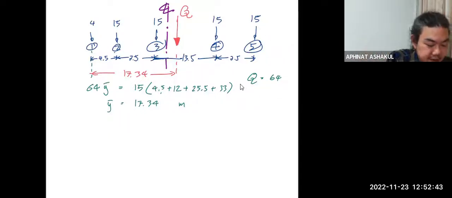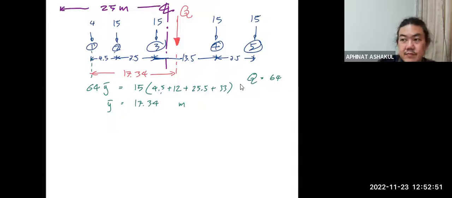Now you know the distance from the left support to the center line is 25 meters, right? You also know that the distance from the first load to Q is 17.34. From the first load to load number 3 is 12.